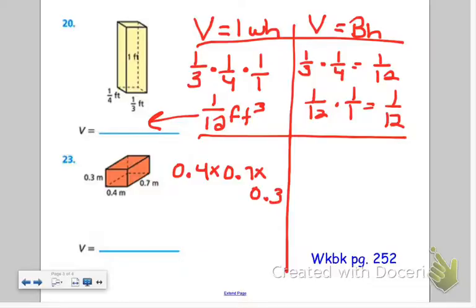So 4/10 times 7/10 times 3/10. You're welcome to use a calculator here for this page if you want, but this is going to give you 0.084, and that's meters cubed, or cubic meters.